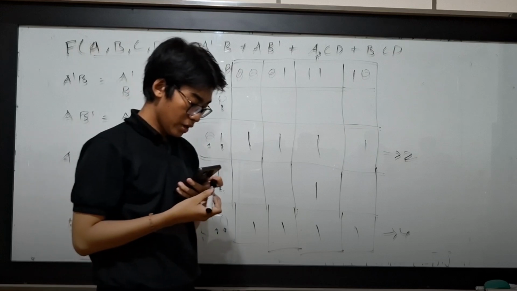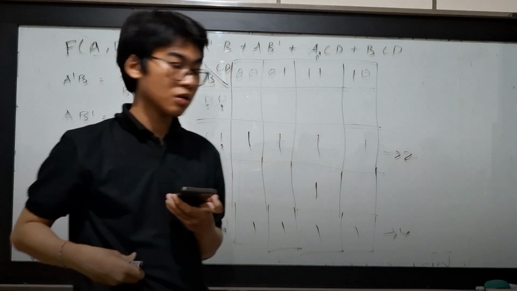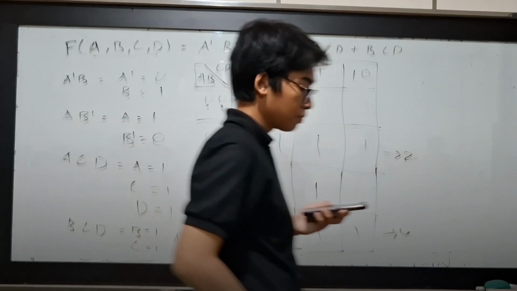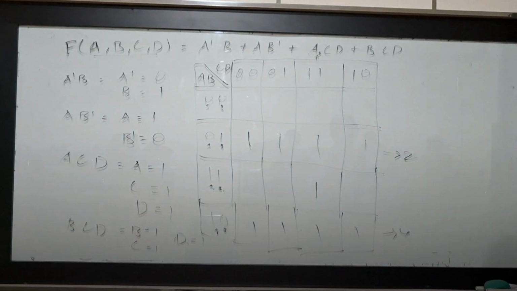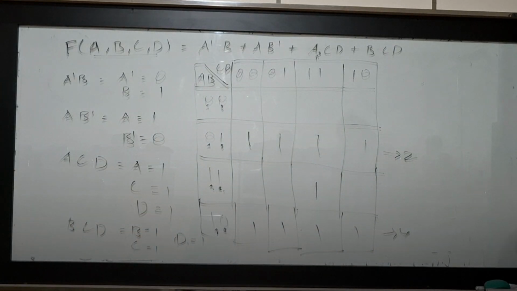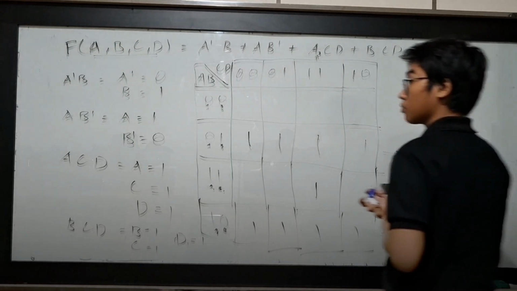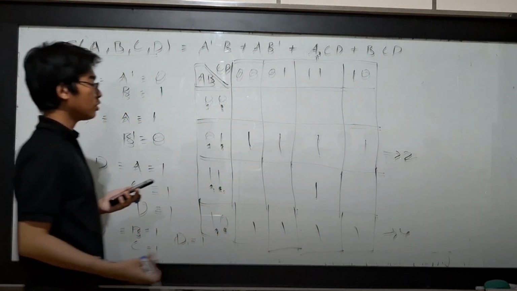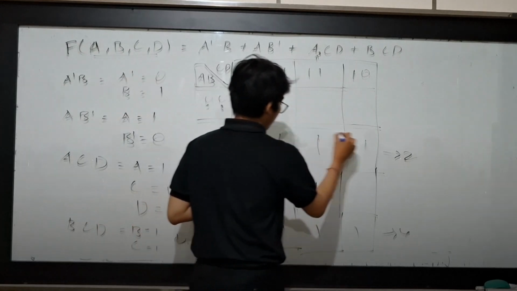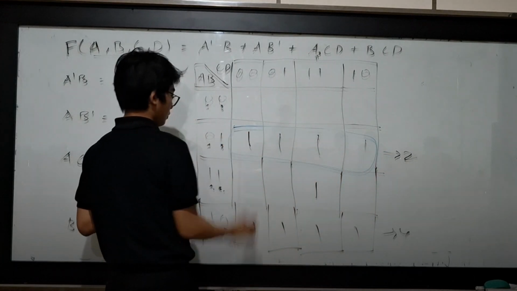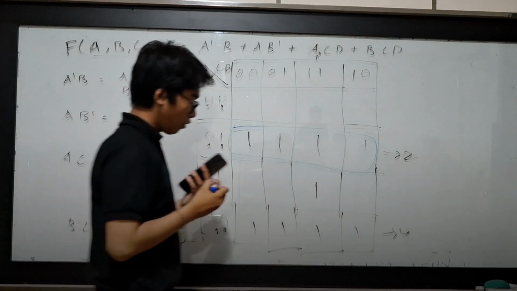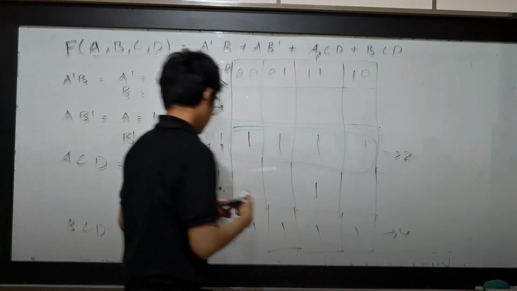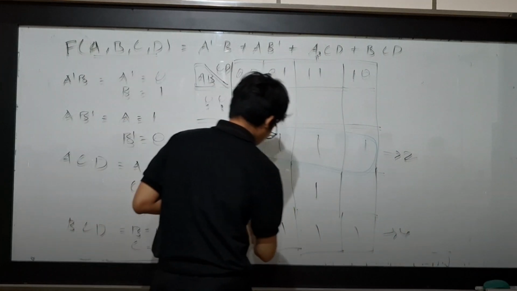And then I'm going to make blocks on this K-map. For the first block, I take all of this block. And for the second block, I take this block.